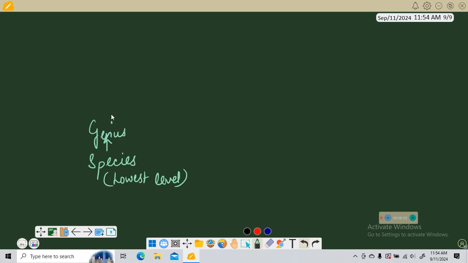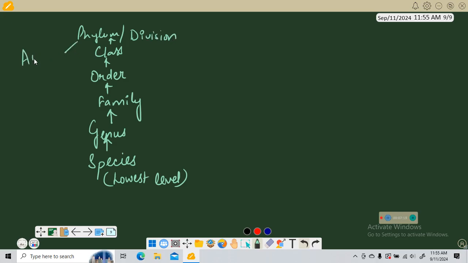Then we have genus, then family, then order, then class, then phylum or division. Phylum is in the case of animals and division is in the case of plants. Class, phylum, then comes the highest category, kingdom.